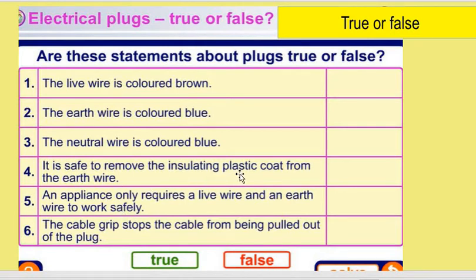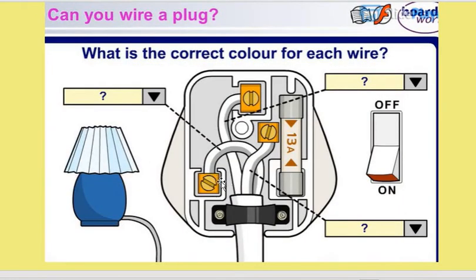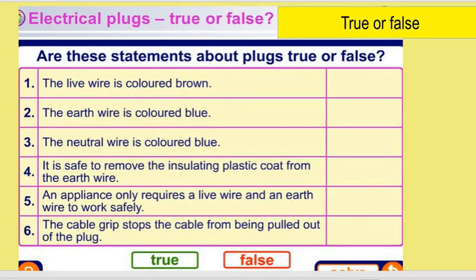What do you think? An appliance only requires a live wire and an earth wire. True or false? And the cable grip stops the cable from pulling out. So what is the cable grip? It's this thing. The screw that holds it down. What do you think? Pause the video and answer those questions.